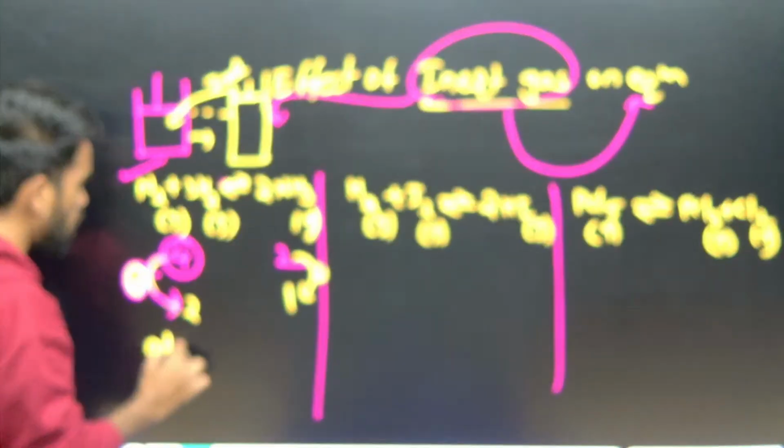Okay, whatever I explained till now about the addition of inert gas is at constant pressure. So if delta Ng is less than 0, addition of inert gas favors the backward direction.